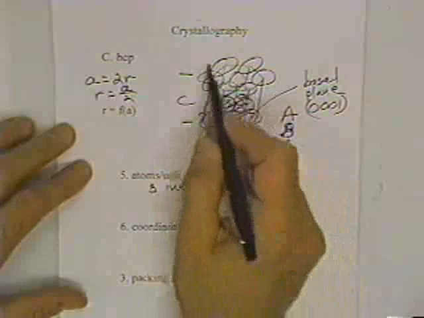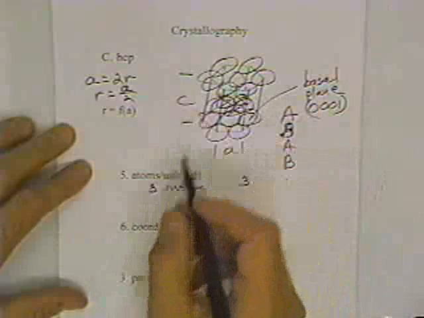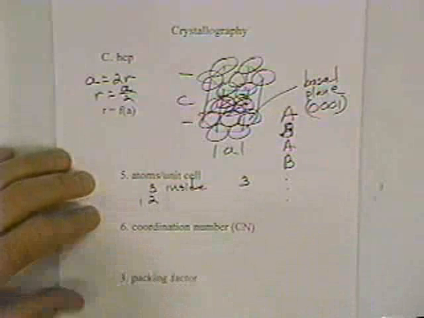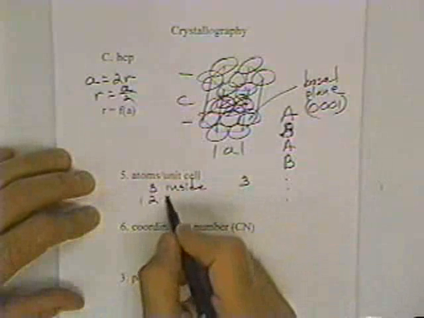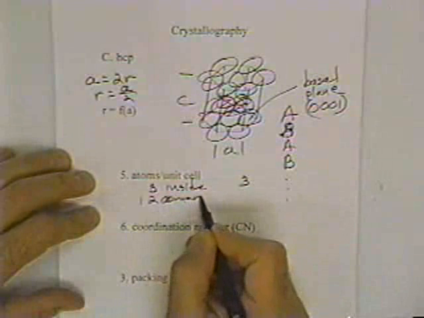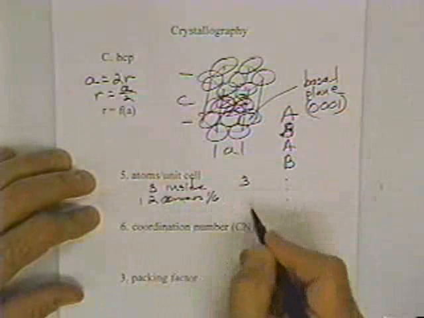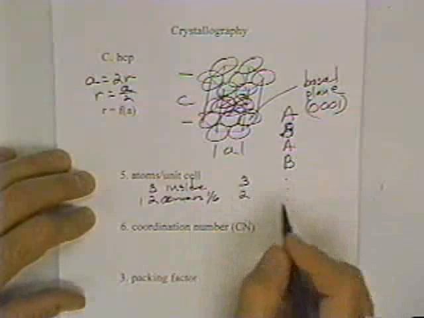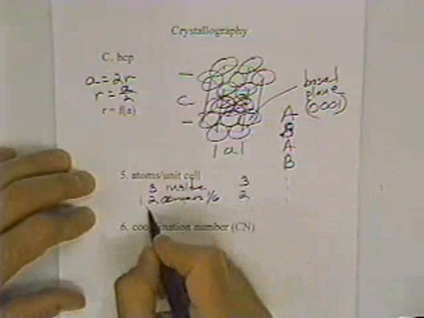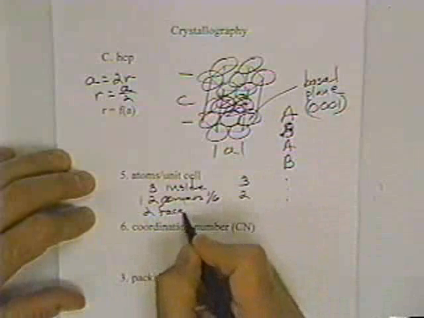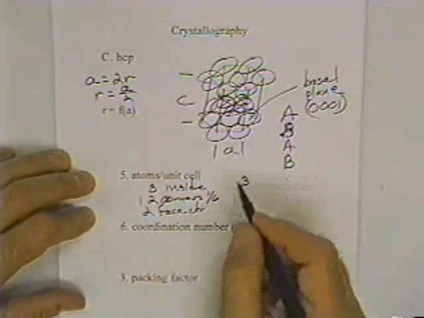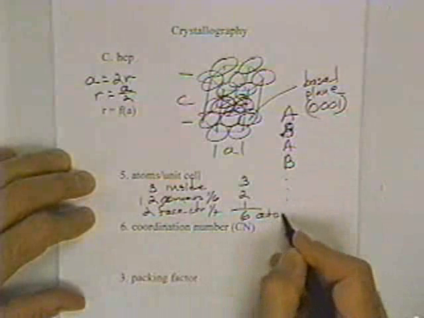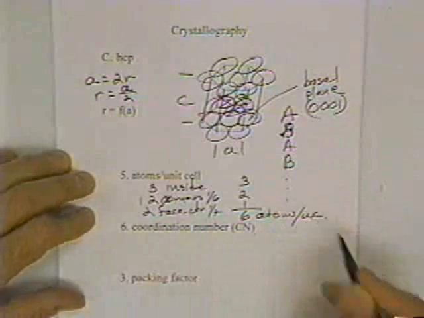We have 6 corner atoms below, 6 corner atoms above, so that would be 12 corners. They're each in 1/6 of a unit cell, so there are 2 of those. And then we have 2 face center atoms. They're each in 1/2, so there are 6 atoms per unit cell.